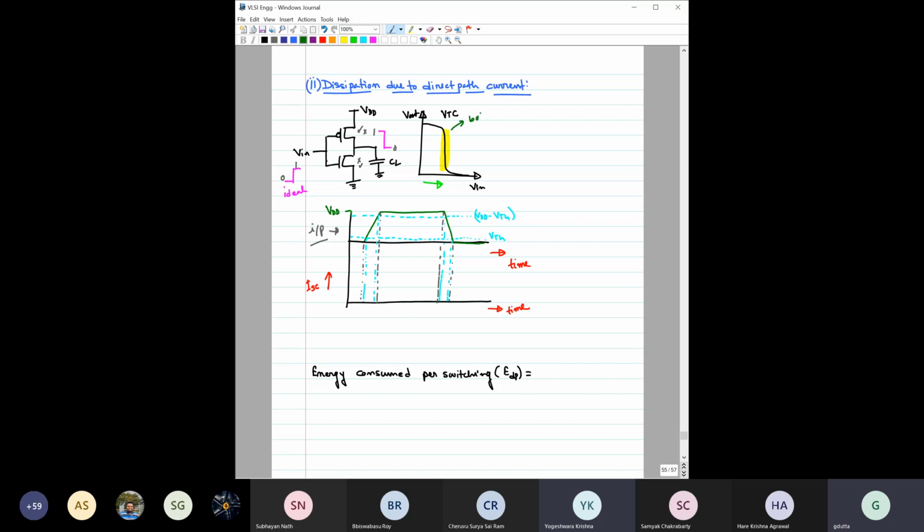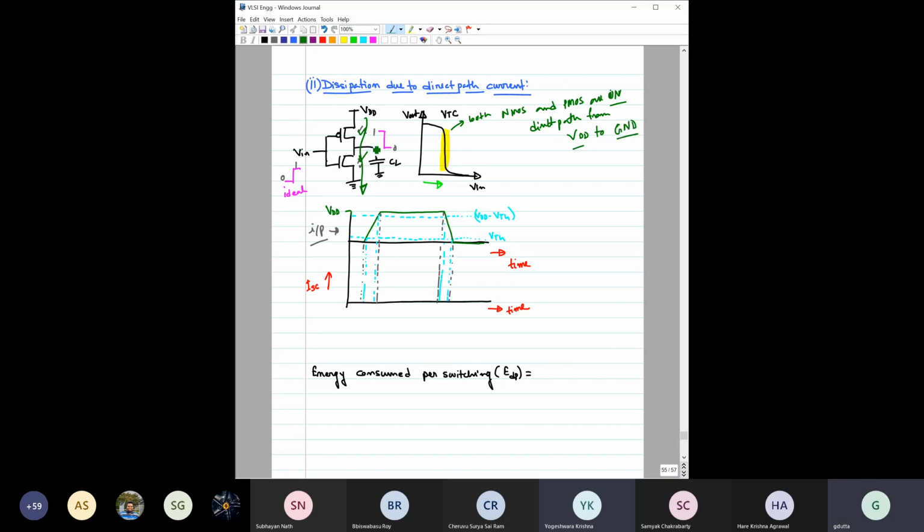So here, both NMOS and PMOS are on. If both NMOS and PMOS are on, that means there now exists a direct path from VDD to ground.